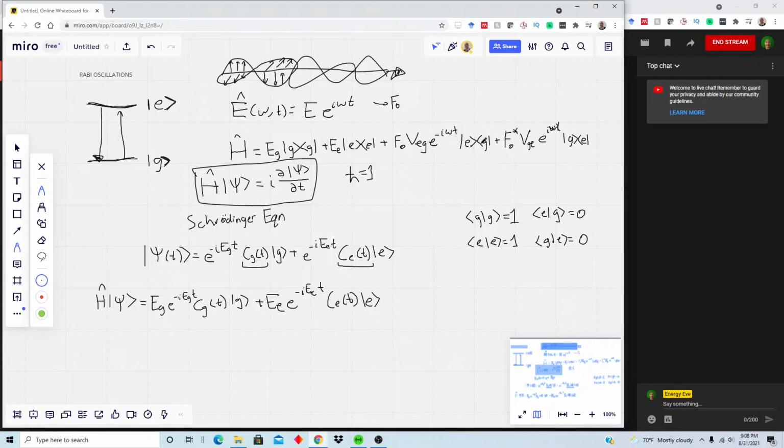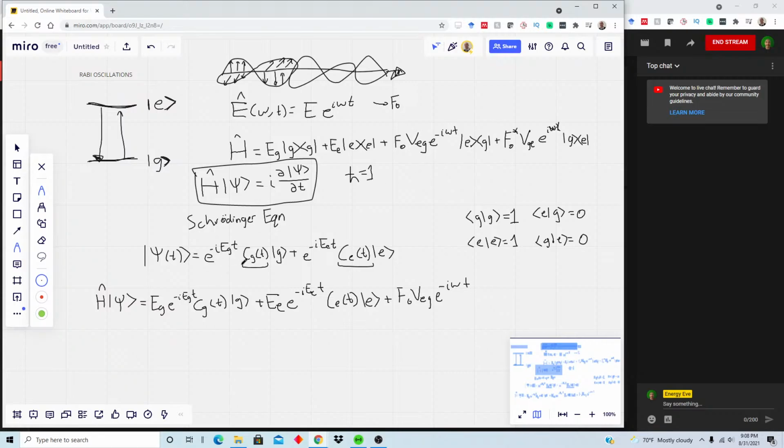Okay, and so now we apply this term to this. And one thing to consider is you see this g gets applied to this g, but you're left with an e. So you'll actually end up getting V_eg e to the i omega t.